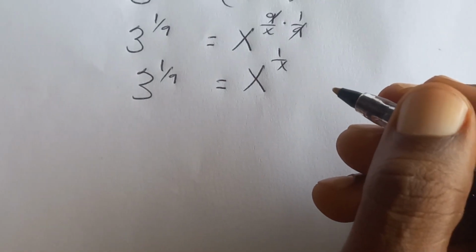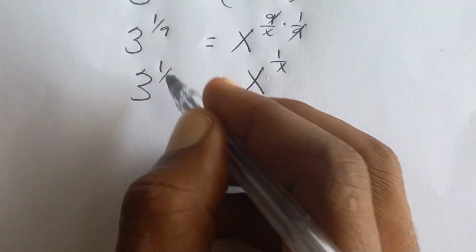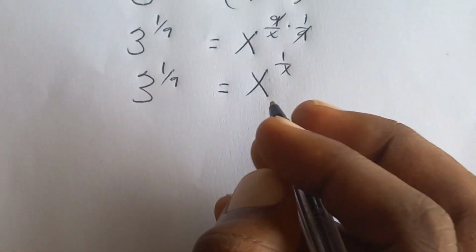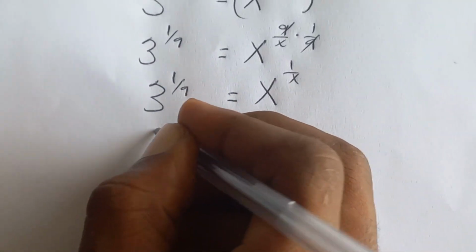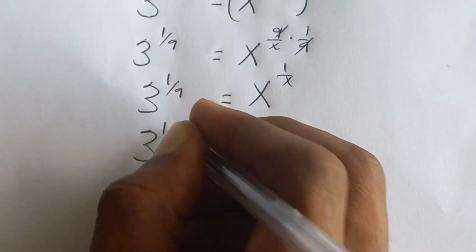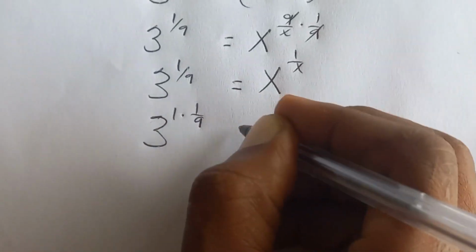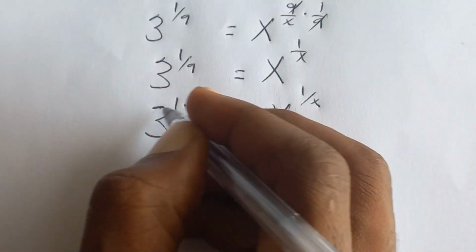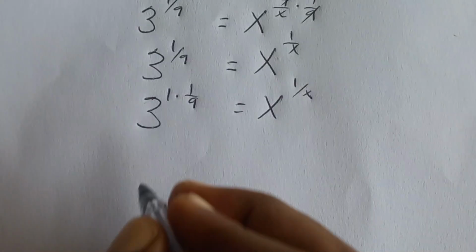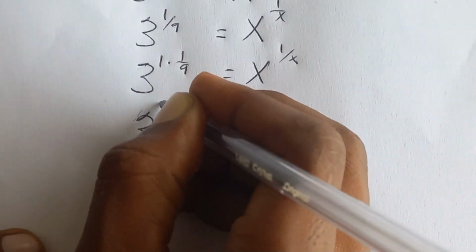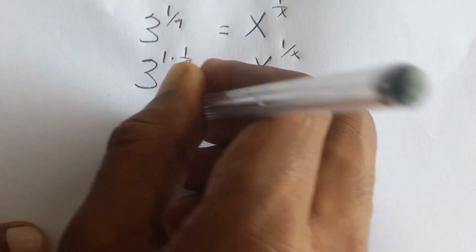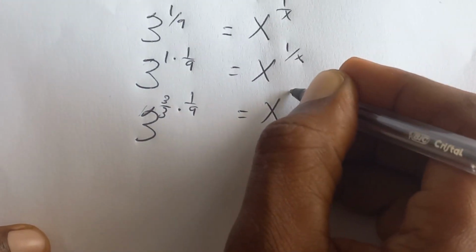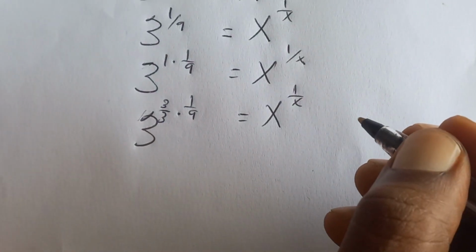Let's continue. So now, this 1 on 9, we can rewrite it as 3 exponent 1 multiplied by 1 on 9, which is equal to x exponent 1 on x. And this 1 here, we can rewrite it as 3 exponent 3 on 3 multiplied by 1 on 9, which is equal to x exponent 1 on x.